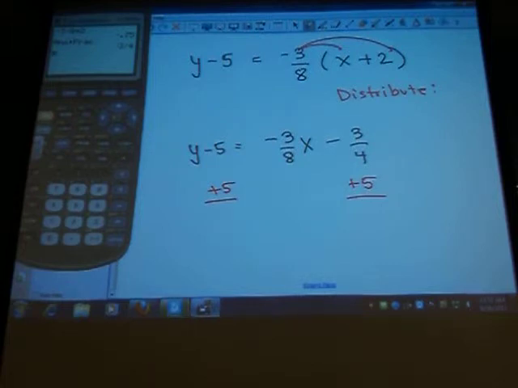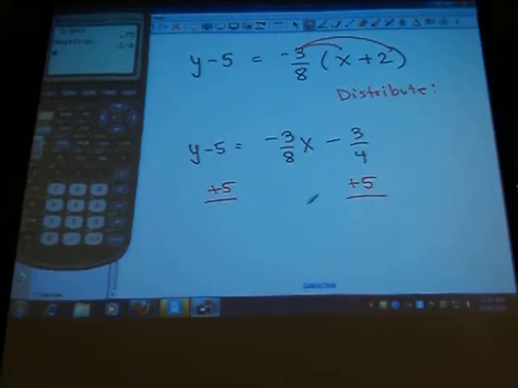You never add or subtract your number from the x term. Always leave that alone. You always want to add your number to the second one, the constant. So you're always going to have two steps: a multiplying step and then an adding or subtracting step, depending on what your signs are.